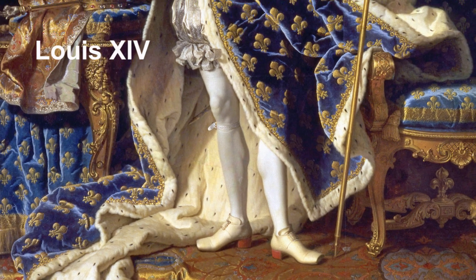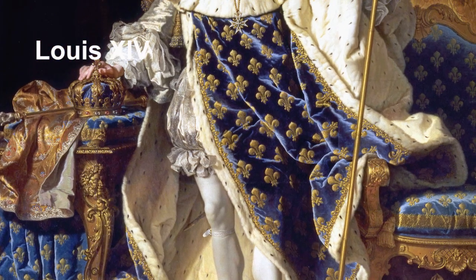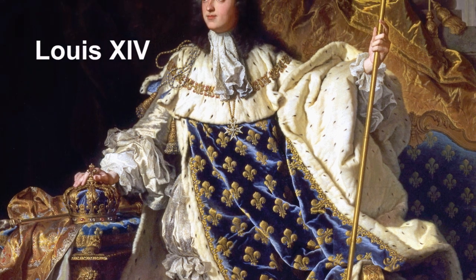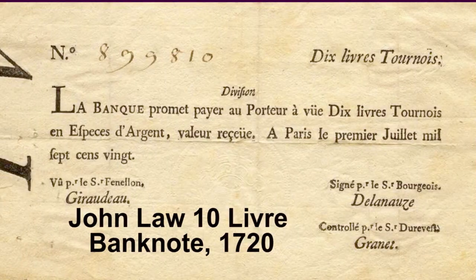The exception was France, which faced significant financial difficulties due to a severe shortage of money after the costly reign of Louis XIV. The government of Louis XV invited John Law, and in 1716 he opened the private General Bank, which began issuing banknotes.